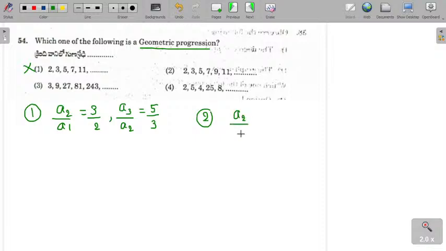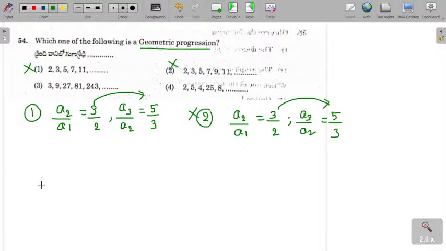a2 upon a1 is equal to how much? 3 by 2. Next a3 upon a2, which means third term by second term, 5 by 3. These two are not equal. Second option also eliminated.